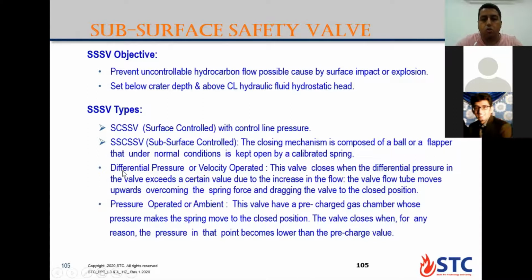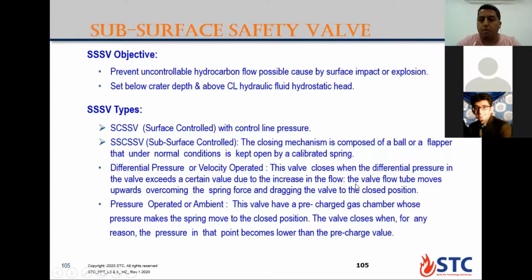There are two types of subsurface control. One is differential pressure or velocity operated, and the second is pressure operated or ambient pressure. This valve closes when the differential pressure in the valve exceeds a certain setting value you set at the surface, due to the increase in the flow.